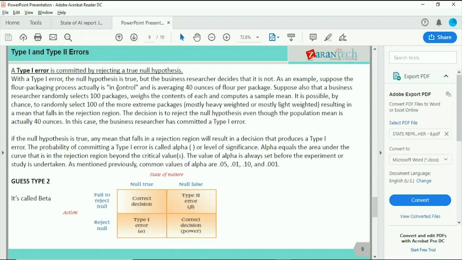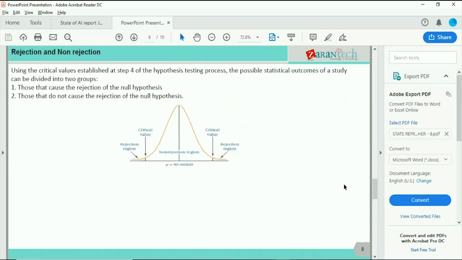Okay, it is possible by chance to randomly select 100 of the more extreme packages, mostly heavy weighted or mostly light weighted, resulting in a mean that falls in the rejection area, probably in this area or somewhere here.